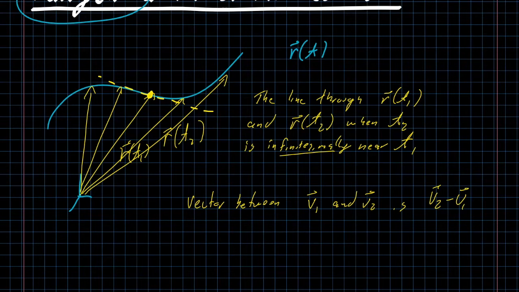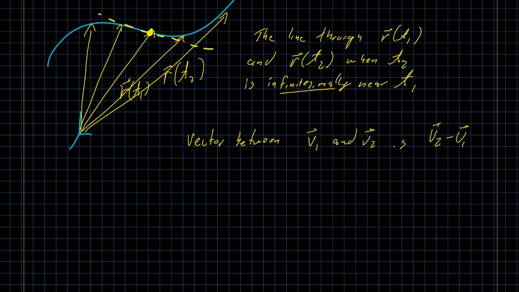And so here, if we want t2 to be infinitesimally, well, getting ahead of myself. If we want the vector that goes through the point r of t2 and r of t1, we simply subtract them.